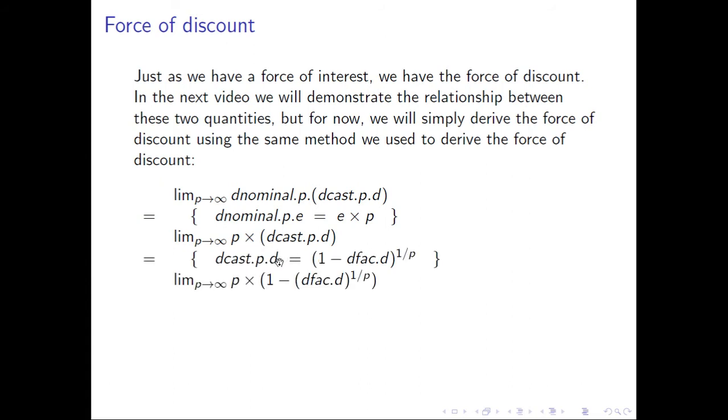And again, resorting to our expression for dcast, we get that that's equivalent to p times (1 minus discount factor) to the power of 1 over p. Now we resort to calculus, which tells us that the limit as p tends to infinity of p times (1 minus x to 1 over p) is equal to negative ln of x. In this case, our x is dfact of d. Therefore, this entire limit is equal to negative ln of dfact of d.